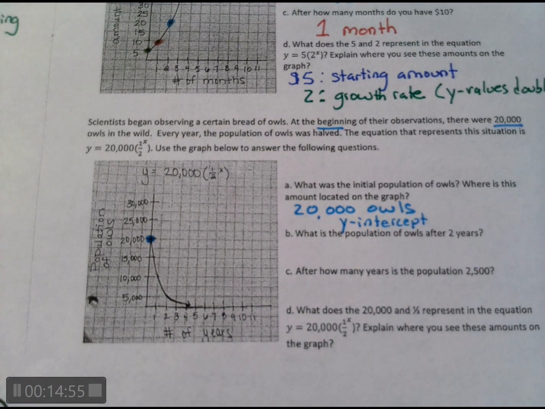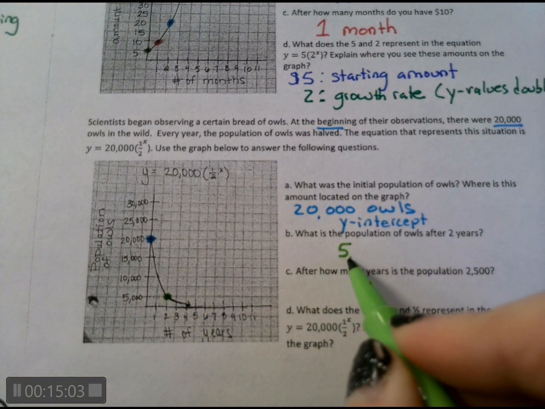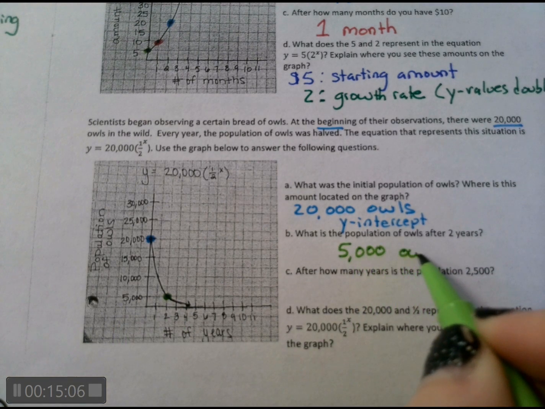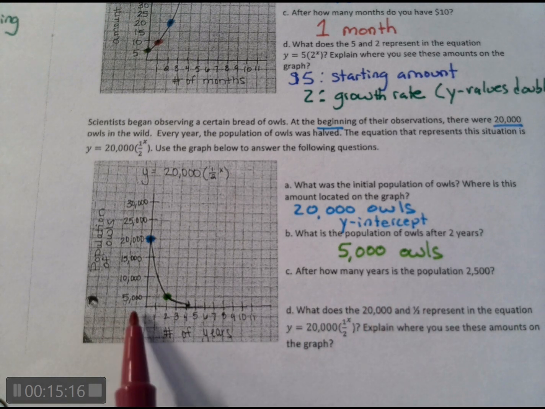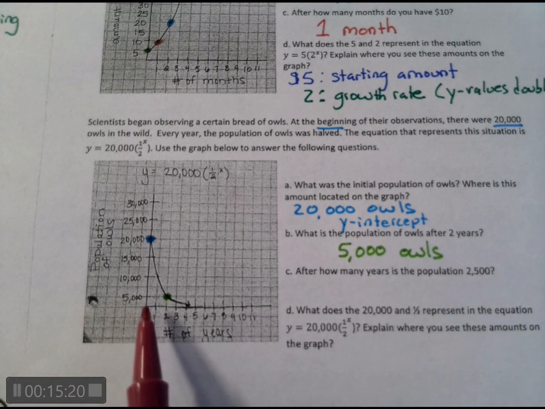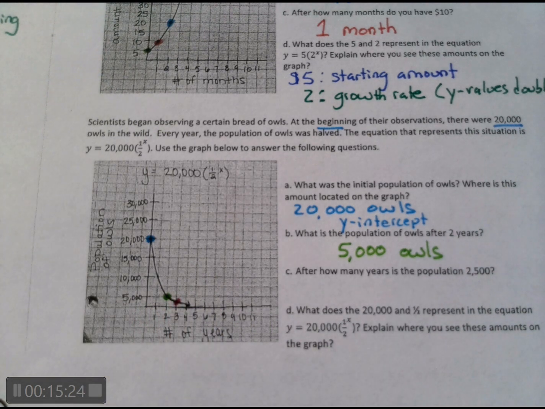So then, what was our population of owls after 2 years? So we go to 2, up to our graph, and that's 5,000 owls. And then, after how many years is the population 2,500? So you would go in between 0 and 5,000, and then follow it to our graph, which is about right here.